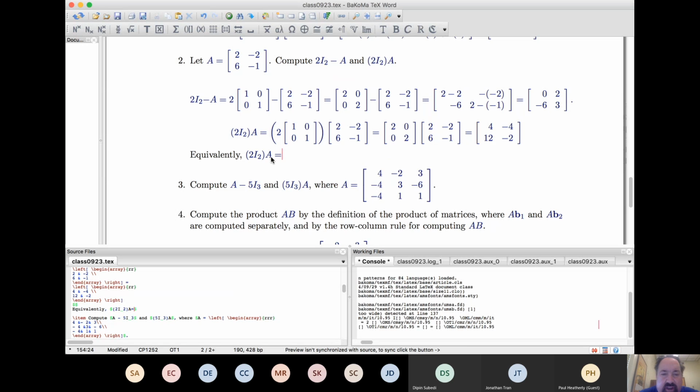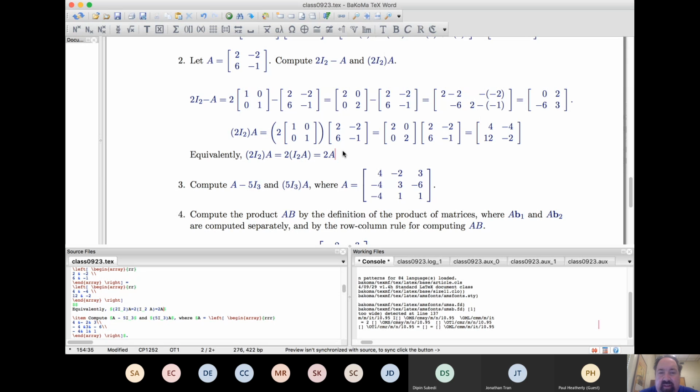So here we have this product. I can write it this way, 2 times, I can compute the product identity times A first, but identity times any matrix is just that matrix.